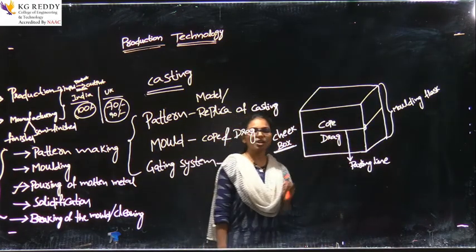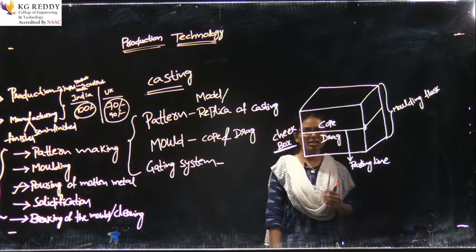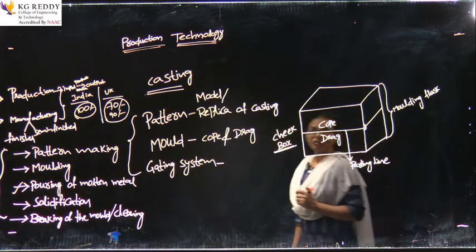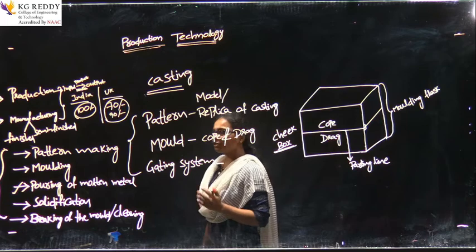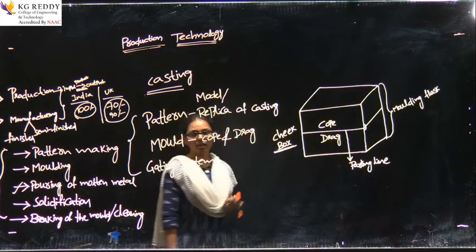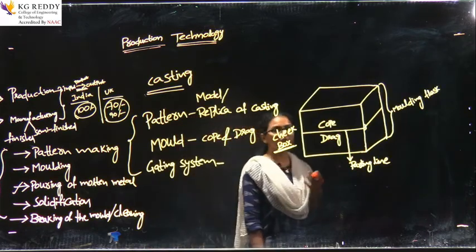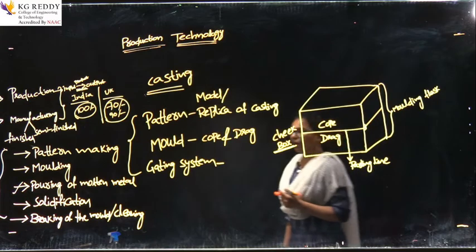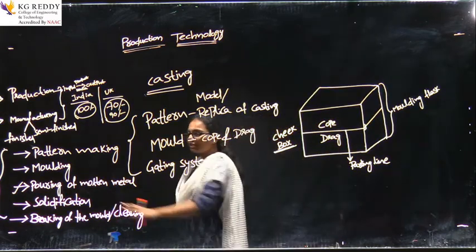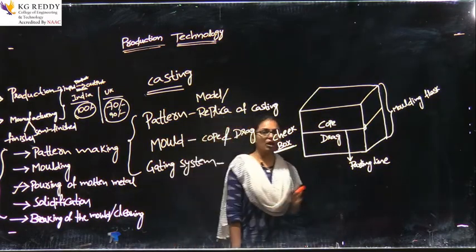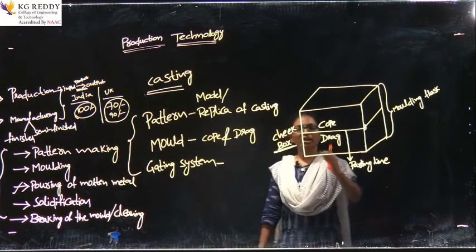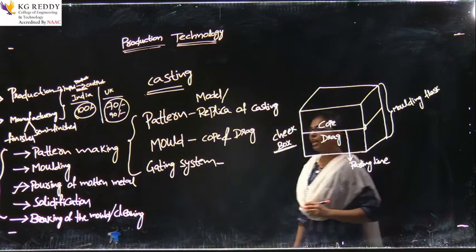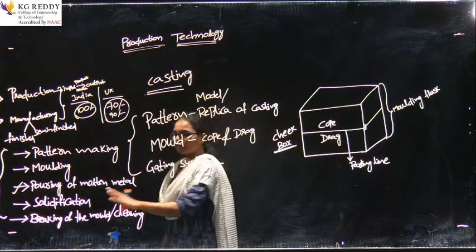Some materials take less time to solidify, some take the maximum time. Based on the temperatures, the type of material and the quantities, it may vary, so solidification time is calculated based on all these parameters. We need to allow it to solidify. That is the fourth step.